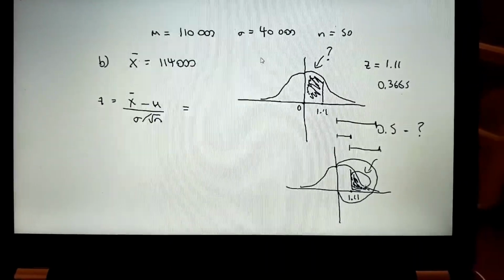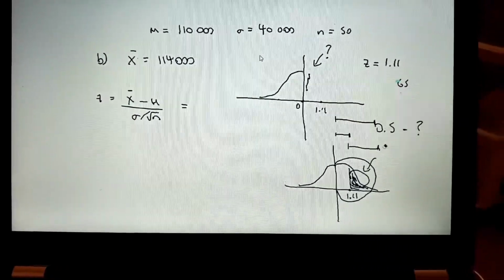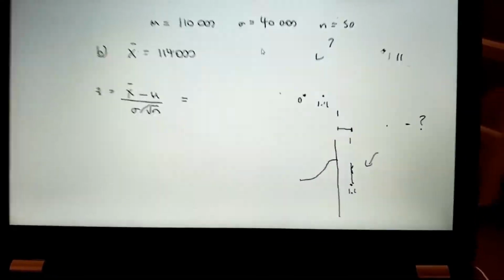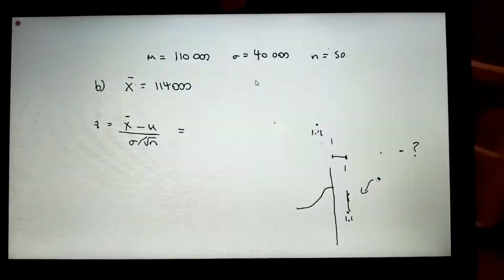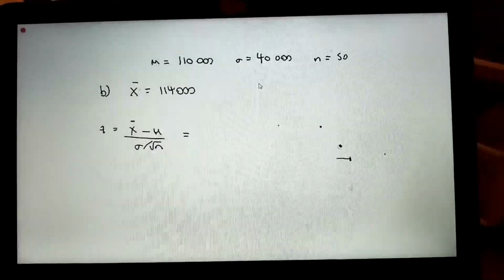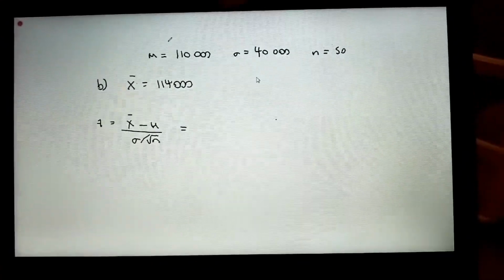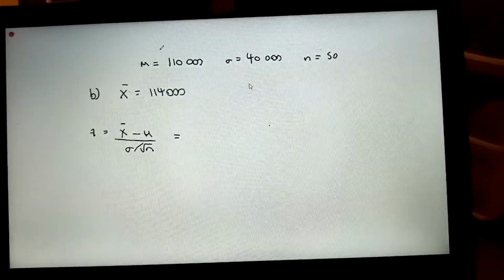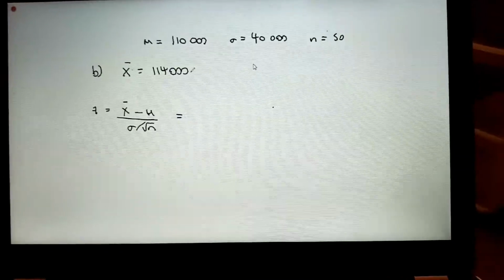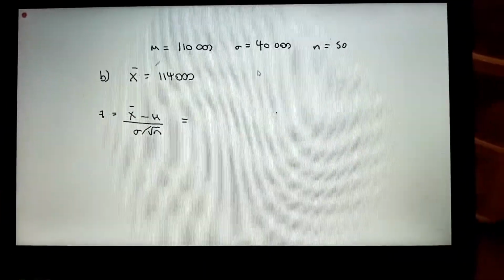So now let's start on the actual question that we were doing. So I'll just get rid of this. Okay, so this question was pretty much the same as 1B, except we just picked a slightly different value. So the X bar is 114,000, so we have to figure out the Z score for that.